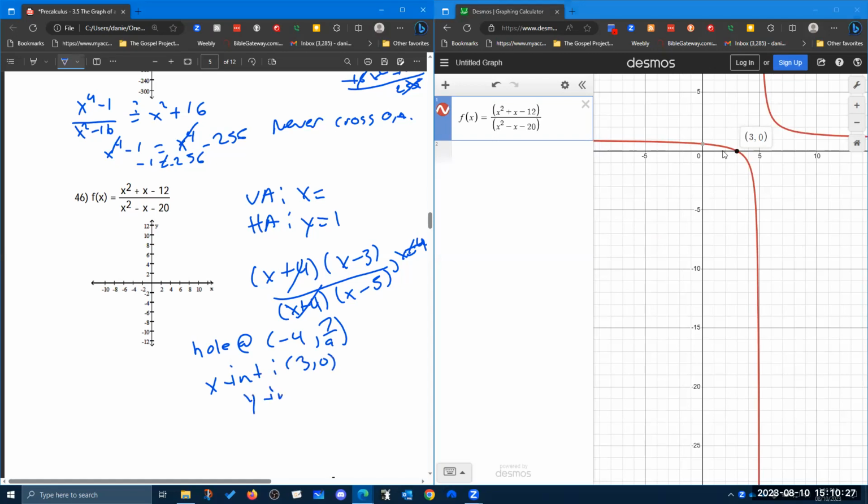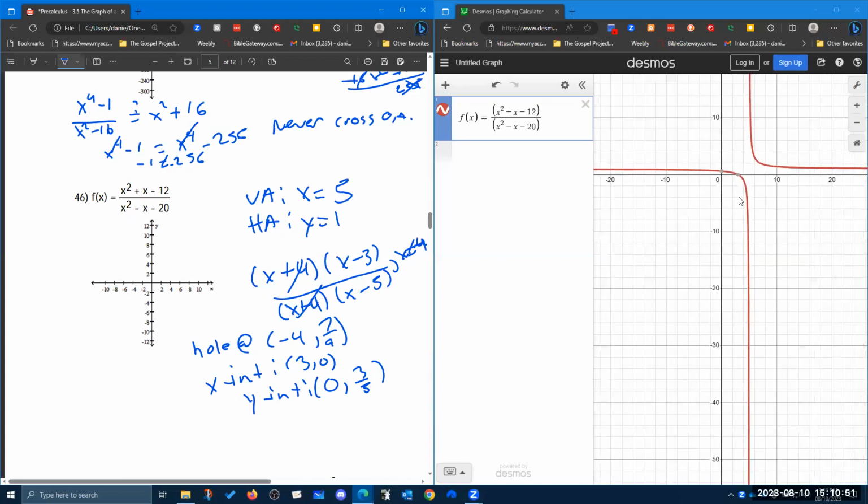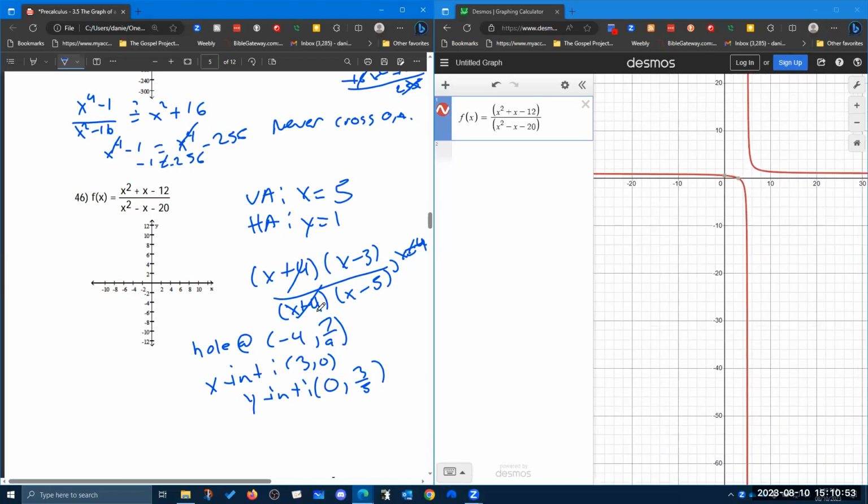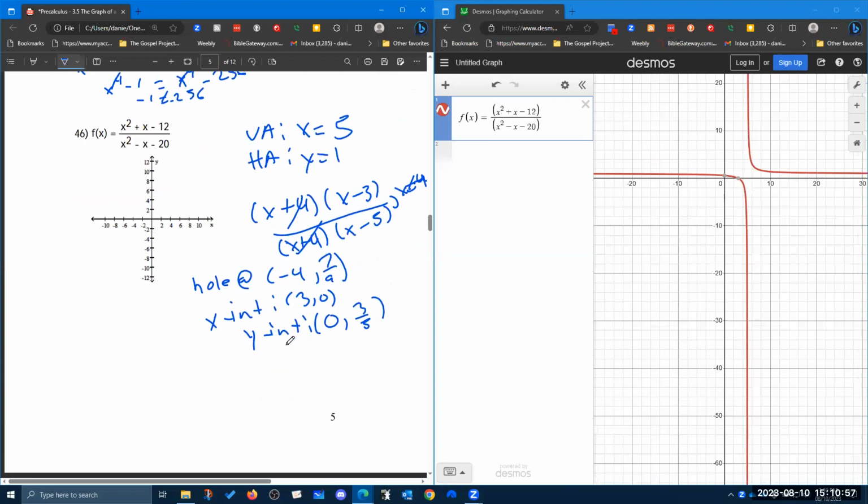You've got your y-intercept at (0, 3/5), which is 6/10. It's right there. And I've got all my asymptotes here. X equals 5 is my asymptote. And don't forget to put your hole on your graph at (-4, 7/9) for this problem.